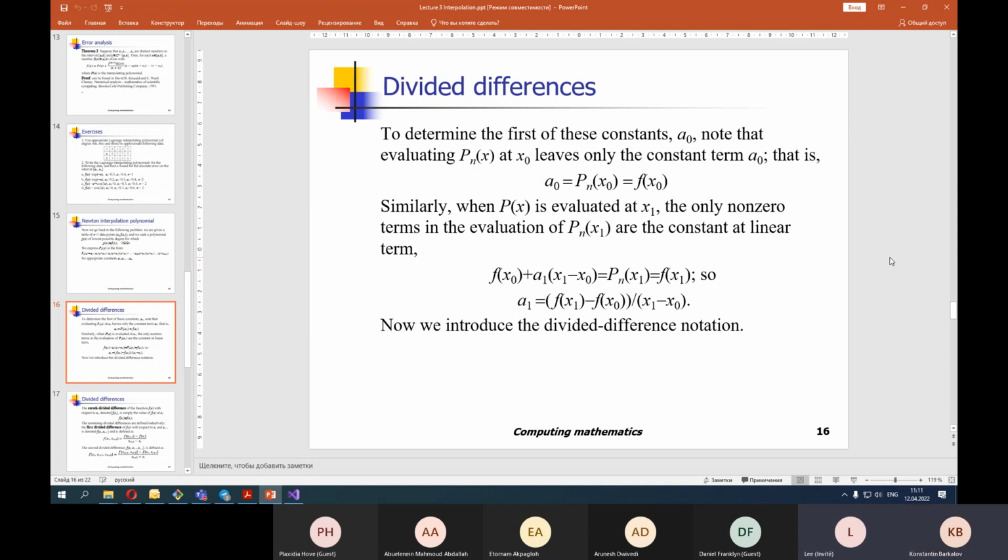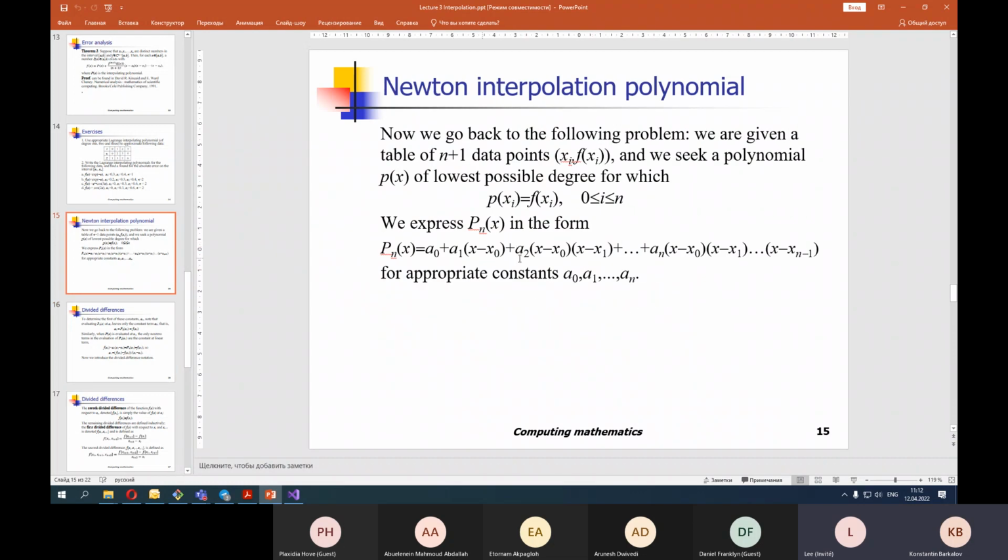To determine the first of these constants, a0, note that evaluating the polynomial Pn of x at a point x0 leaves only the constant term a0. It means that a0 equals Pn of x0 equals f of x0. Let's come back to this notation.